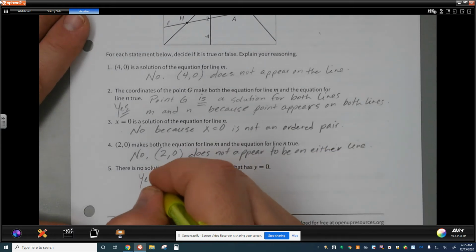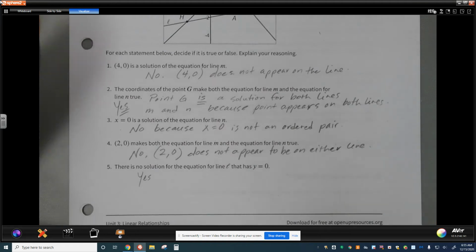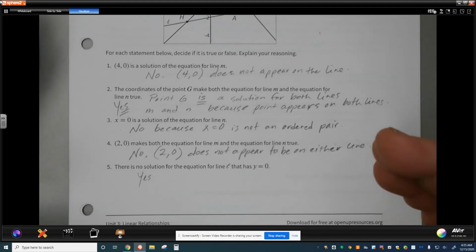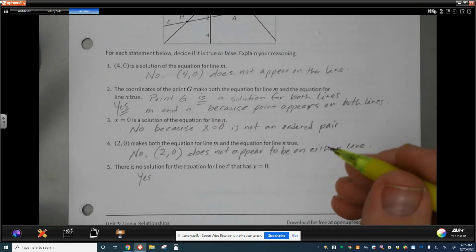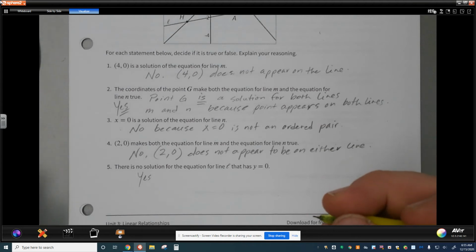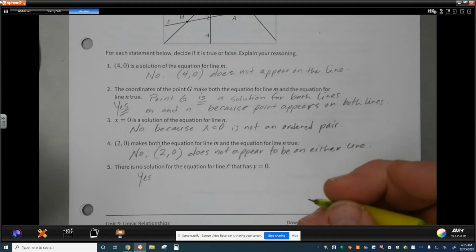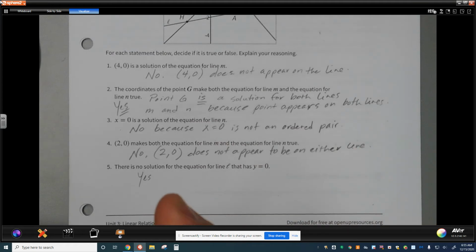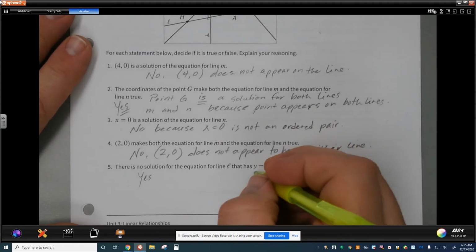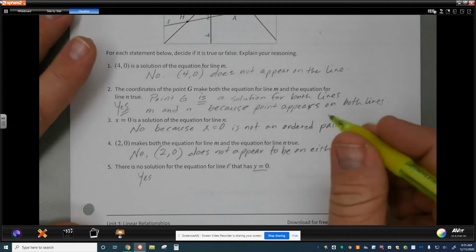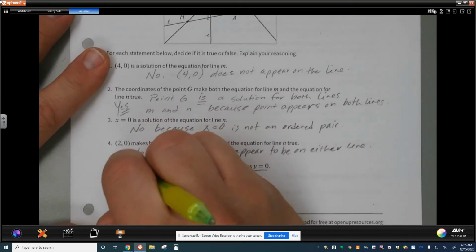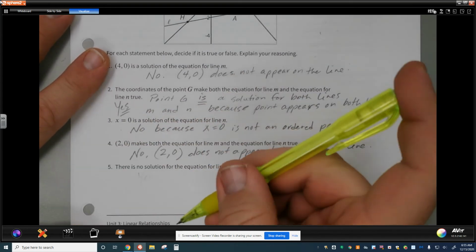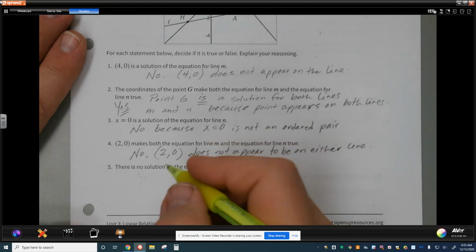So it's a true or false statement. There is no solution for the equation for line L that has y equal to 0. In this case, when we say that just simply y is equal to 0, thinking about that term, no, it's false. But at some point, the line will cross the x-axis. So I can't say yes or no because these are true or false statements.